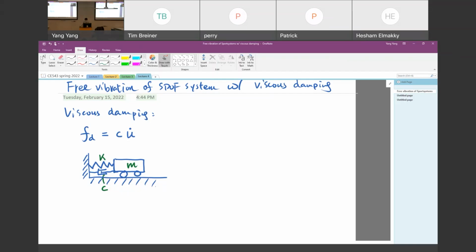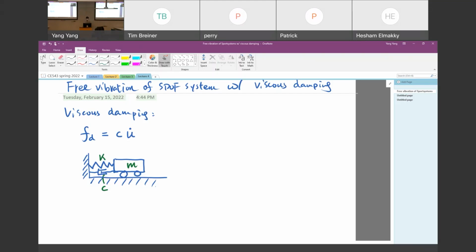Typically we start from the easiest case where we have viscous damping, because the damping force can be expressed very easily as a function of velocity and the damping coefficient here. Or you can imagine there is a damper here. What is a typical damper? Such as if you have a tube, you fill the tube with some oil.